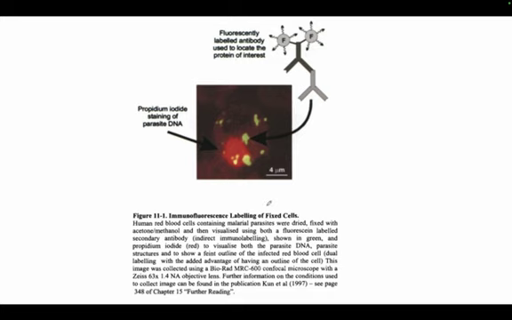Now, what we have is a fluorophore, but how can we use that to stain our cell of interest? What we can do is conjugate the fluorophore to an antibody. We've discussed quite extensively how antibodies are specific to certain targets within the cell. So if we have an antibody against a protein of interest and we conjugate a fluorophore to it, and treat the cell with this complex, then it will go and bind to our protein of interest.